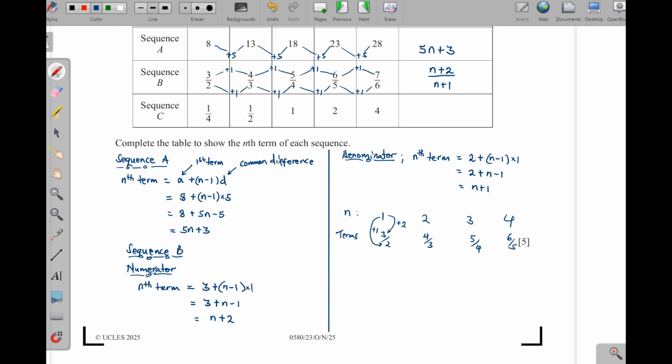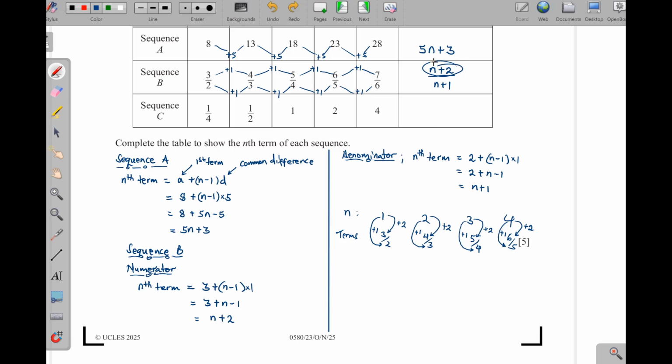They added a 1. From 2 to 4, they added a 2. From 2 to 3, they added a 1. 3 to 5, you added 2. Then 3 to 4, they added a 1. Same thing here, add a 1. But then here, you are adding a 2. So that means n, you add a 2 to get a numerator.